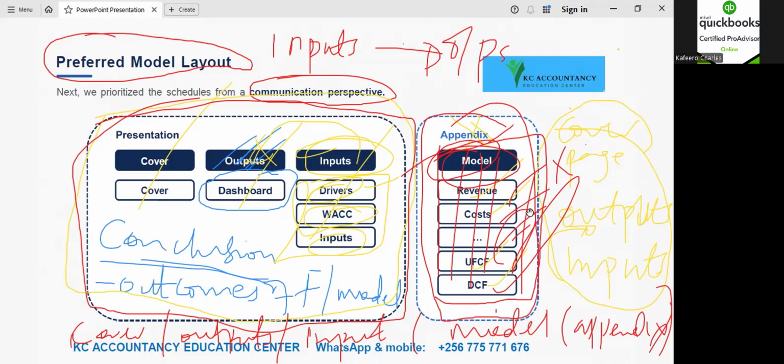Everything that you are seeing on this left-hand side, where we have the presentation, the dashboard, the cover, let's assume this is where all the controls and the dials are.